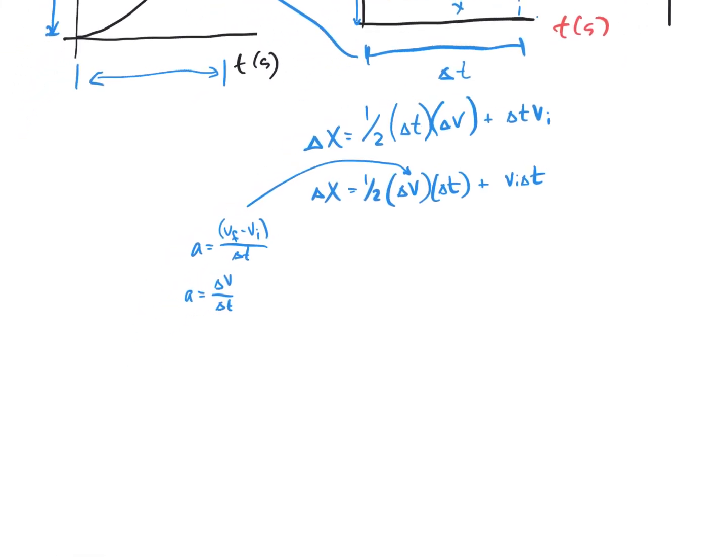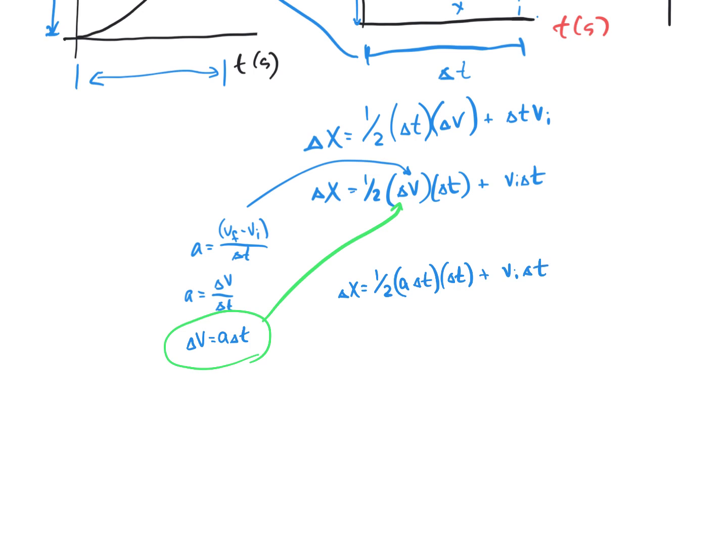So if I rearrange that a bit, what that means is that delta v is equal to acceleration times delta t. And now I can take this and put it in here. And I end up with my equation of delta x equals 1/2 a delta t times delta t plus v initial delta t.